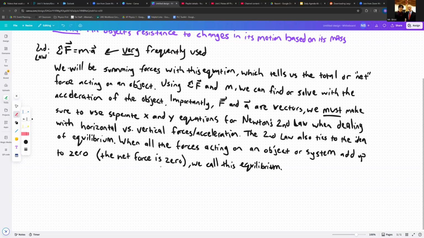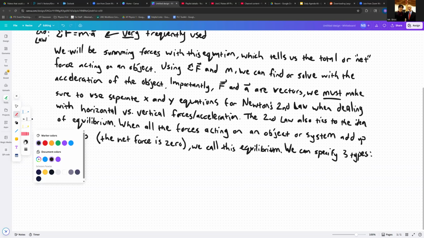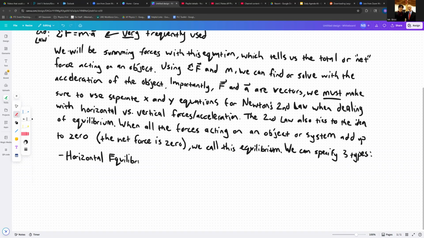There are three types of equilibrium we can specify. Let's put them here. We'll get to the vertical one in a second, which we just referenced with gravity and normal force as a common vertical equilibrium. So horizontal equilibrium would mean that all the horizontal forces sum up to zero.